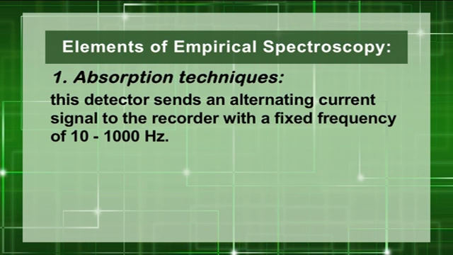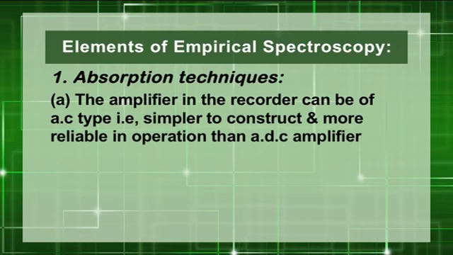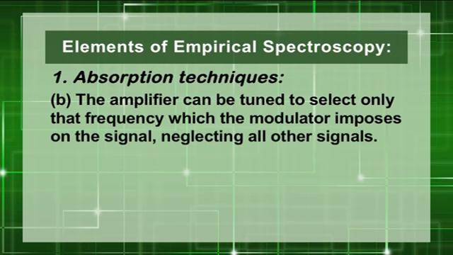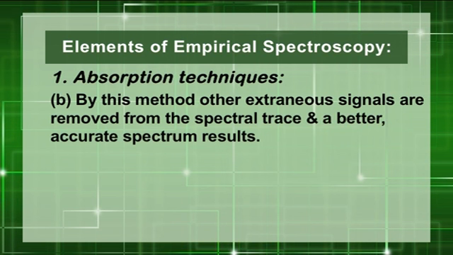The two main advantages of this technique are the amplifier in the recorder can be of AC type, that is simpler to construct and more reliable in operation than a DC amplifier, and the amplifier can be tuned to select only that frequency which the modulator imposes on the signal, neglecting all other signals. By this method, other extraneous signals are removed from the spectral trace and a more accurate spectrum results.